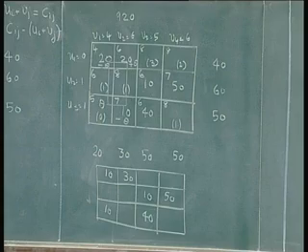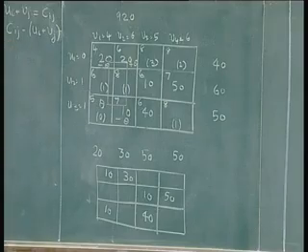Now we take a case which has a degenerate basic feasible solution. We have already seen that we could have a degenerate basic feasible solution. A degenerate basic feasible solution is one where we have fewer than m plus n minus 1 allocations. So let us take an example with the degenerate basic feasible solution for the same problem that we have used.